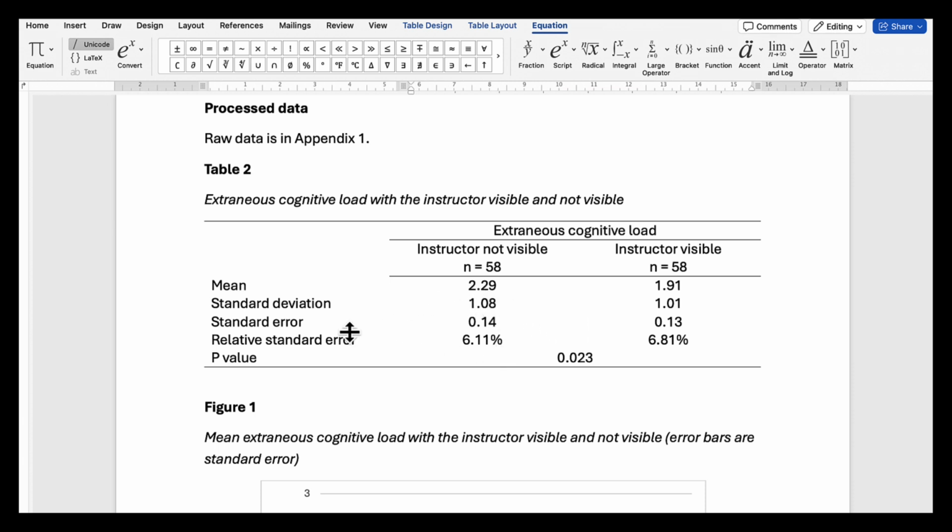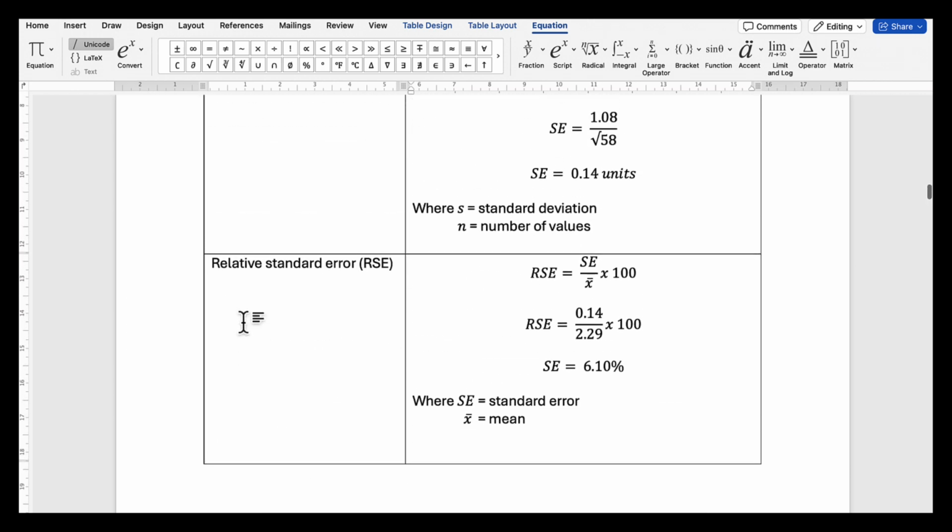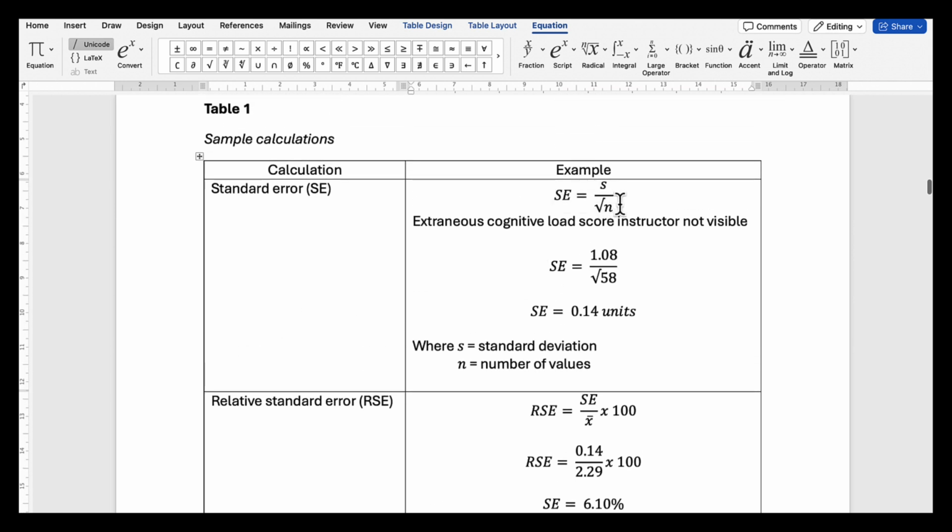Okay, look, we use relative standard error as another measure. So you're probably asking, okay, so why do you use standard error? Look, when you've got a small sample size, standard error is better than standard deviation. And the reason for that is because it's the standard deviation divided by the square root of the sample size, so it kind of adjusts for a small sample size somewhat.